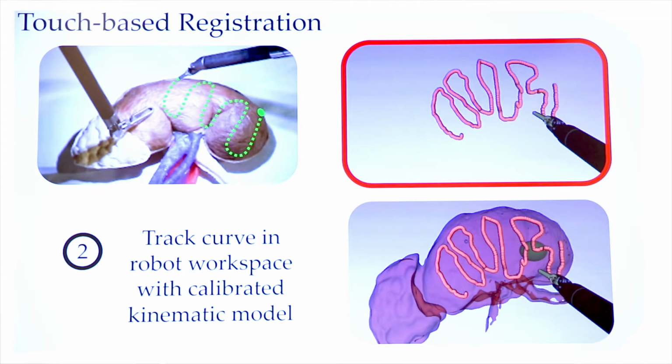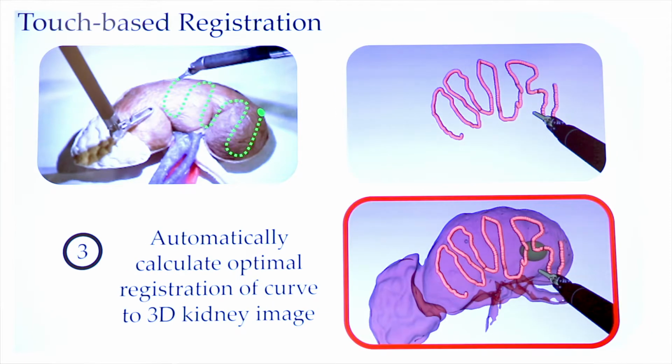By doing this, we have used the manipulator to digitize the surface of the kidney, and then we can automatically calculate an optimal registration between the curve that the surgeon has traced and the 3D image of the kidney. This is an entirely automated process. There isn't any eyeballing involved. And as you can see, this process can be used to reveal features that aren't visible with the naked eye.